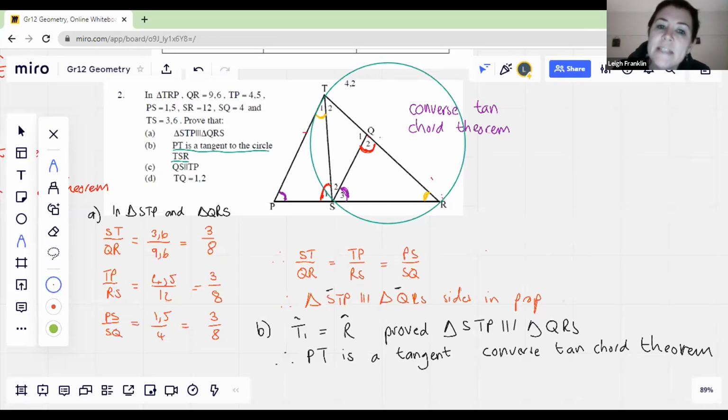Therefore, PT is a tangent to the circle, and that would be converse tan chord theorem. Oh, okay, ma'am. Thank you. So we've just answered question B.